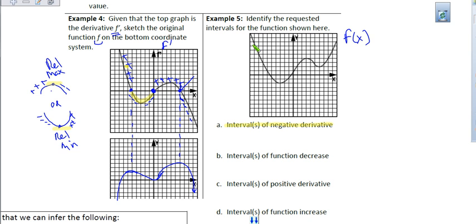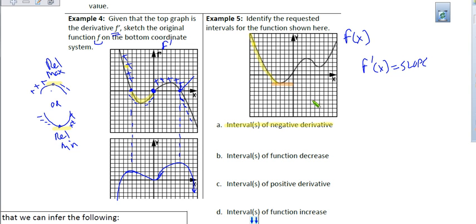Well, the derivative is just the slope. So we just need to look for the tangent lines. This portion here, we have negative tangent lines all the way down here. And then we get a spot here where we have a horizontal tangent.